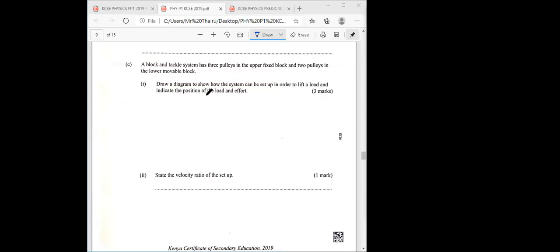So we can start with the point of support. We are told that it has 3 pulleys in the upper fixed block. So that is my upper block.